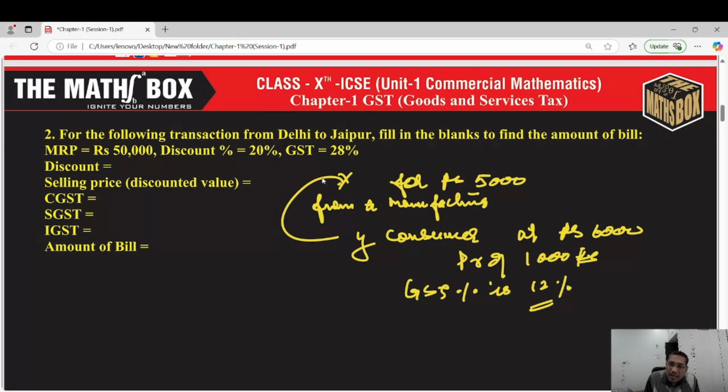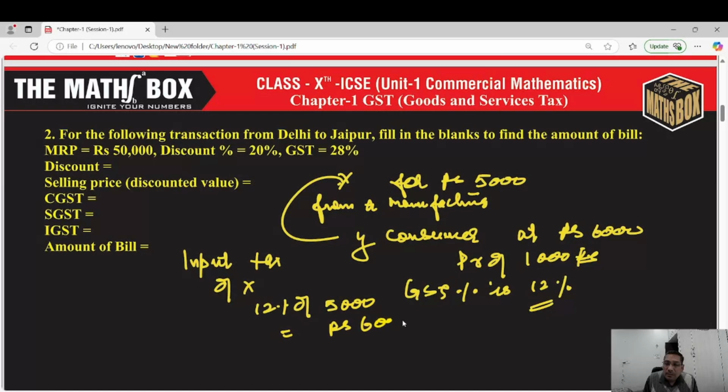अगर मैं X का इनपुट टैक्स निकालता हूं, input tax of X is 12% of 5,000. That is rupees 600. Output tax निकालते हैं, and output tax is 12% of 6,000.